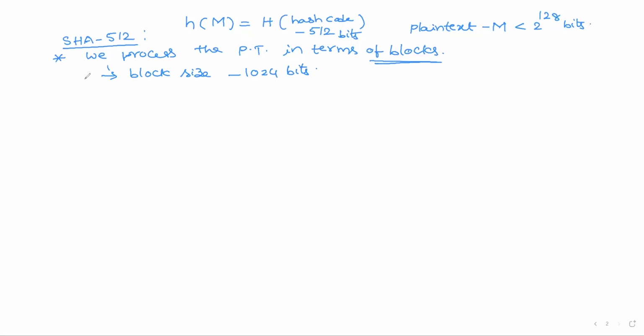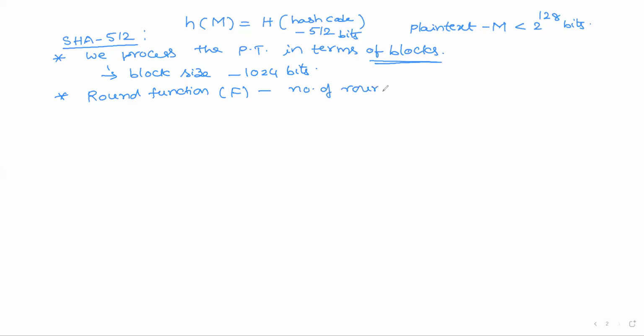Then in the algorithm design, as in the previous algorithms, will any rounds be there in this algorithm? Yes. Here we have one function with the name round function, which is represented with capital F. It contains some number of rounds.